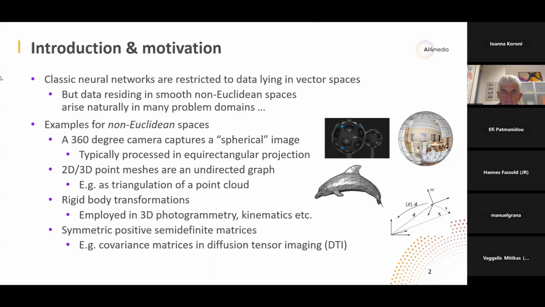But the thing is that data residing in non-Euclidean spaces is arising naturally in really many problem domains. And you have to sort of map them then artificially to Euclidean spaces. For example, a few examples for important non-Euclidean spaces.